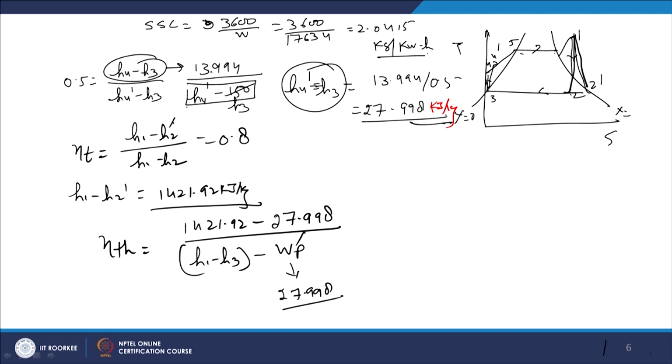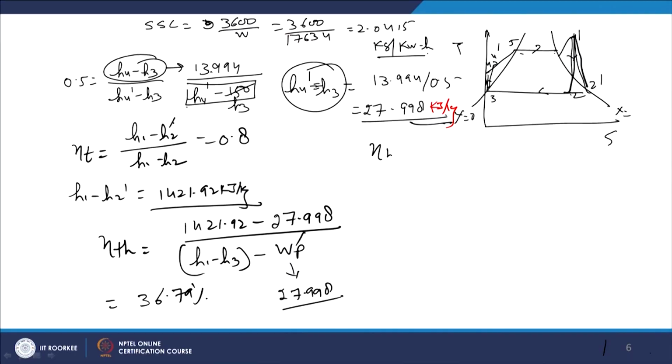H1 minus H3 we have already calculated, and this will give us the thermal efficiency. It is going to be 36.79%. The ideal cycle had an efficiency of approximately 46%, but in the real cycle we have taken turbine efficiency of only 80% and pump efficiency of only 50%, so the pump is consuming double the power. Now the efficiency has reduced to 36.79%.